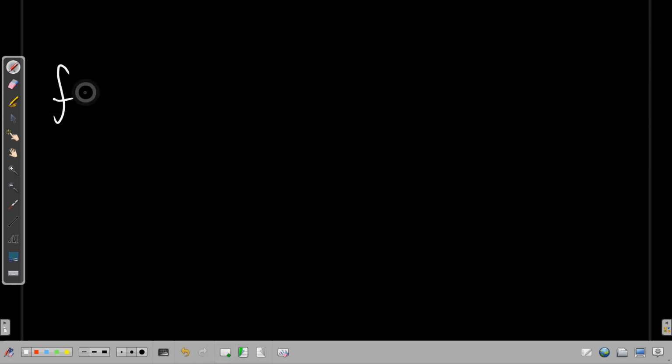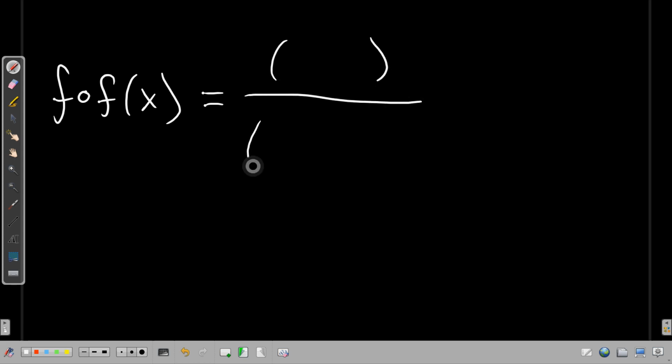Here's a good one, f circle f on that example with that particular f. Well, f was x over x plus 3, so we'd have x over x plus 3, and inside those parentheses I'm going to get to put f of x.